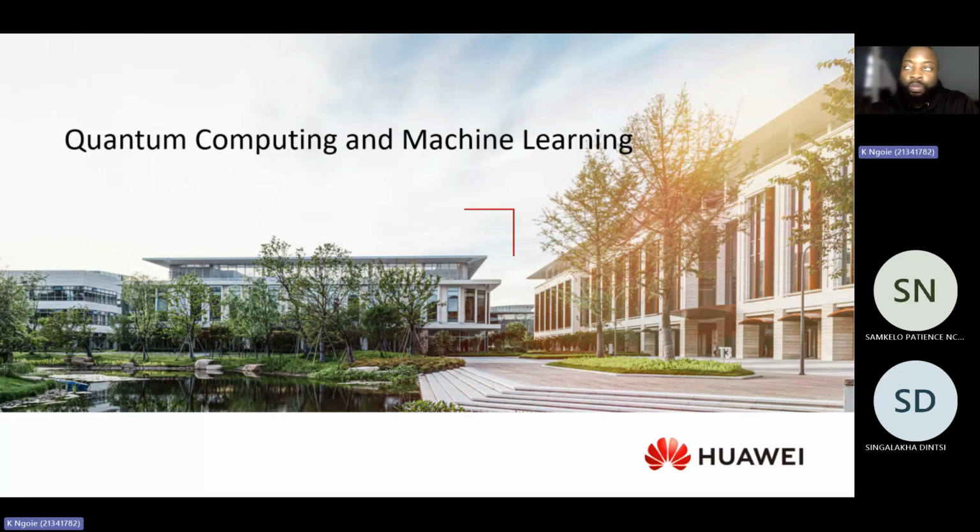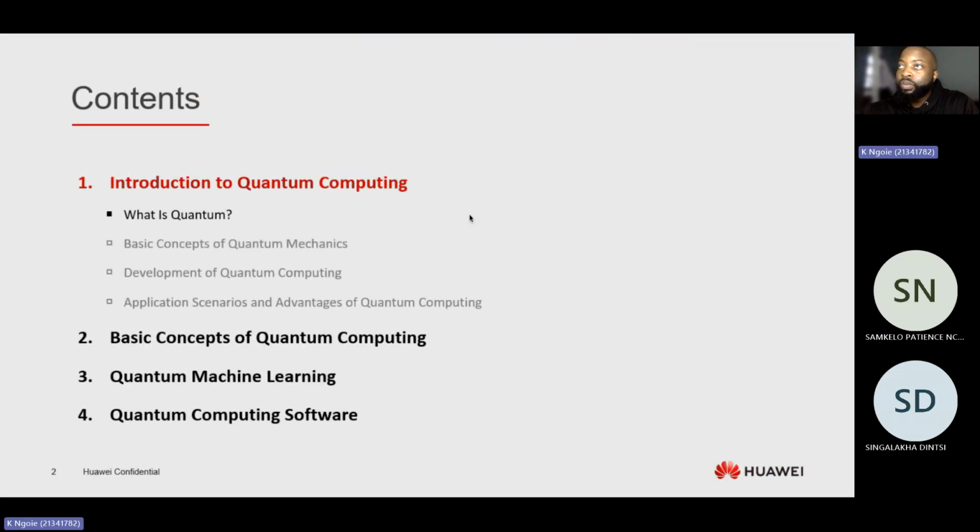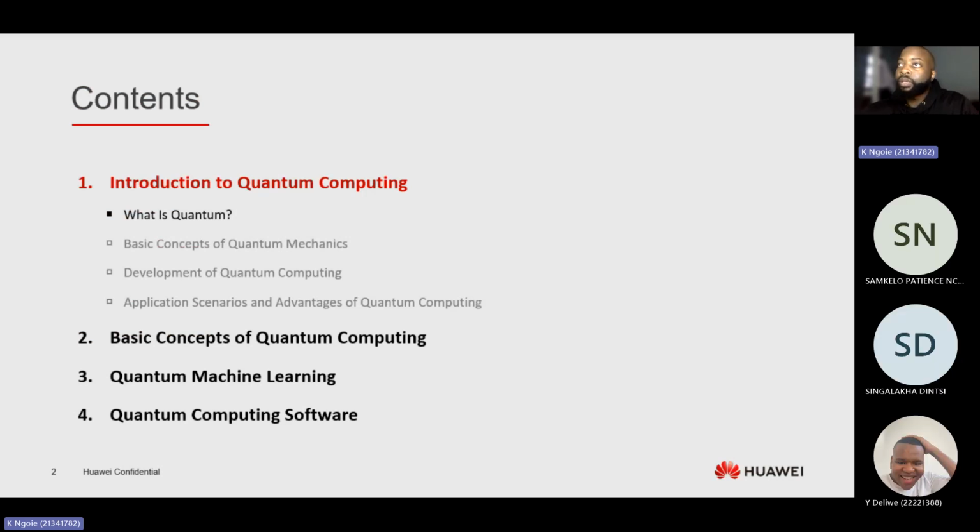When we talk about computers, in the classical way, you have information being exchanged in binary. So we have a bit, which is 0 and 1. A bit can only be a 0 or a 1. But in quantum computing, we don't have bits, we have qubits, which means that the signal can be 0 and 1 at the same time.